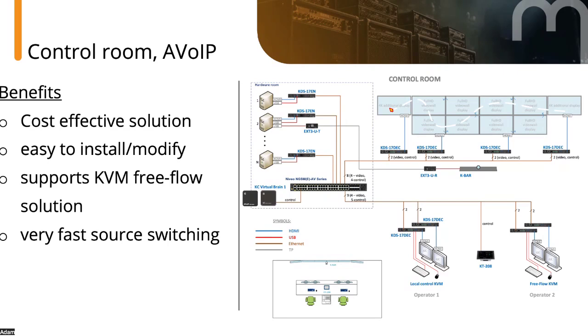It's easy to modify. If we need more sources, just add encoders. If we need to add one more operator station, just add more decoders, do the configuration one more time, and it should be fine.